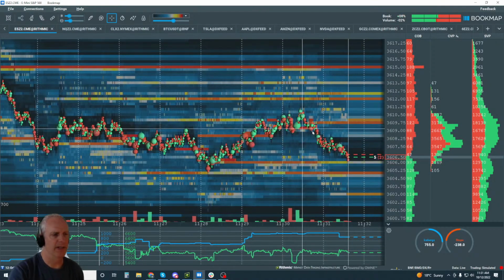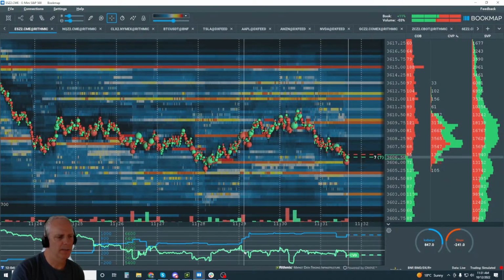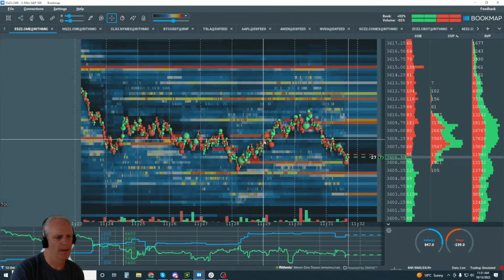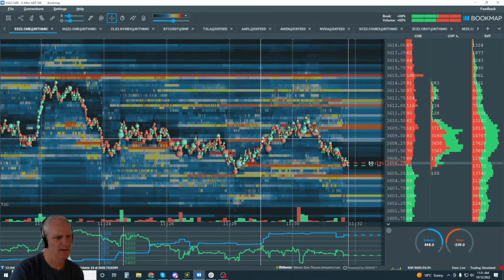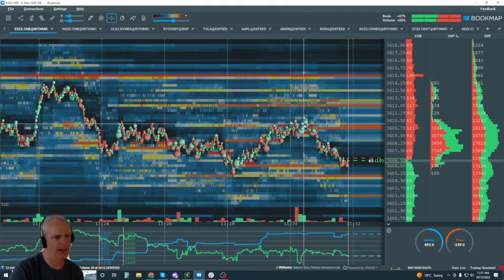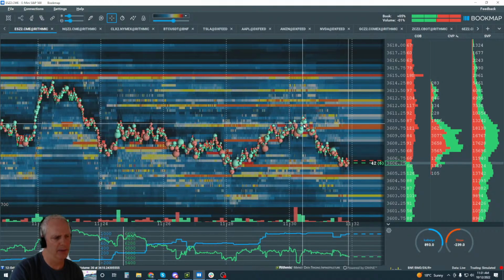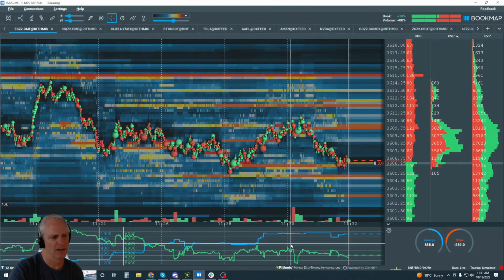See, this is where CVD, I just find it kind of tricky, to be honest. Here's making higher price or equal price level up here, but there's more selling in here at this point.